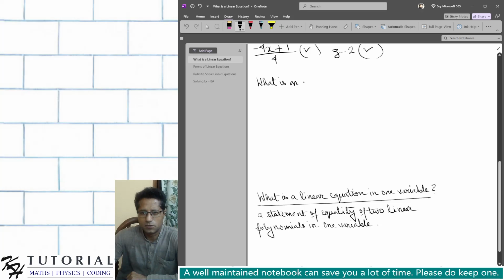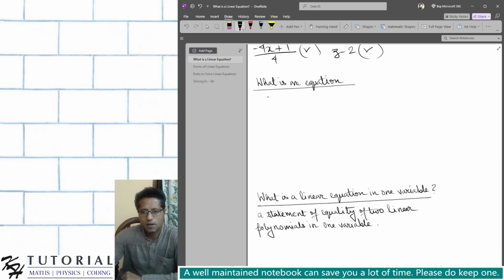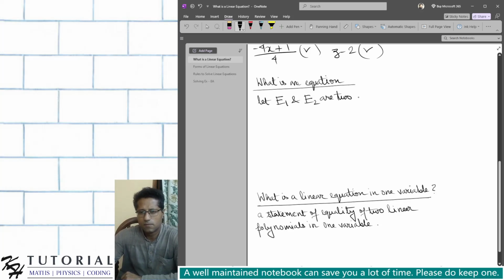What is an equation? An equation is basically a statement of equality of two algebraic expressions. Let E1 and E2 be two algebraic expressions.